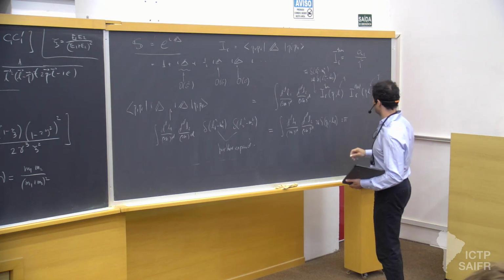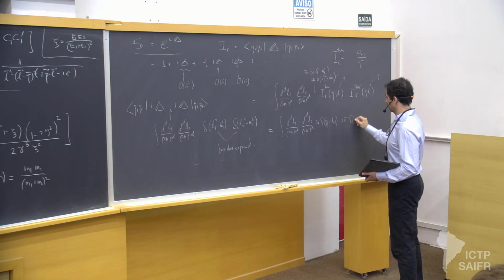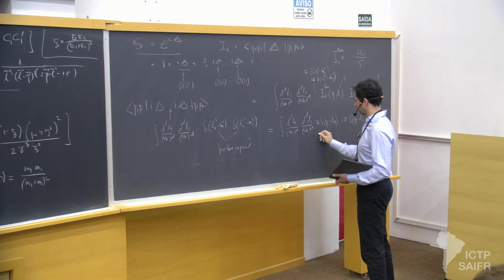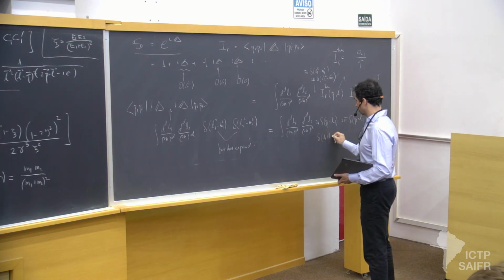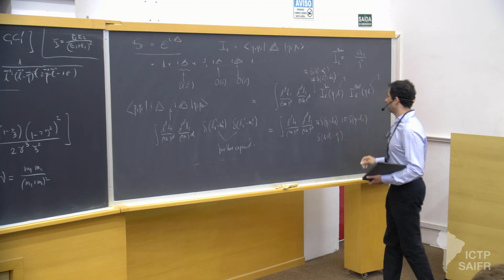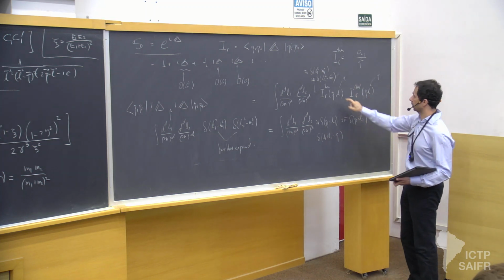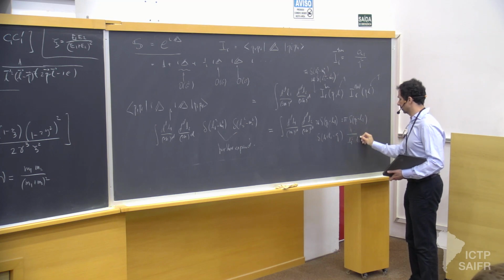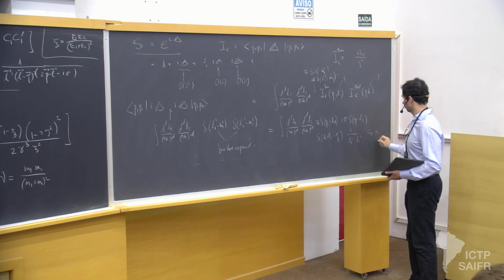There's also some delta function of P2.L2, and then there is delta of L1 plus L2 minus Q, and then there are the propagators in here, 1 over L1 square, L2 square, A1 times A1.